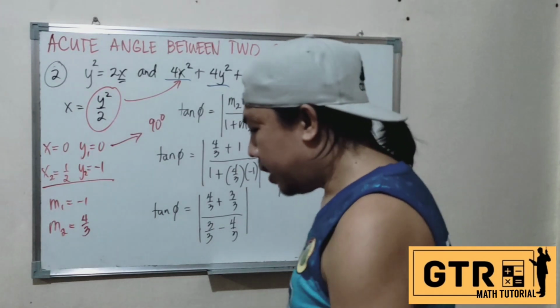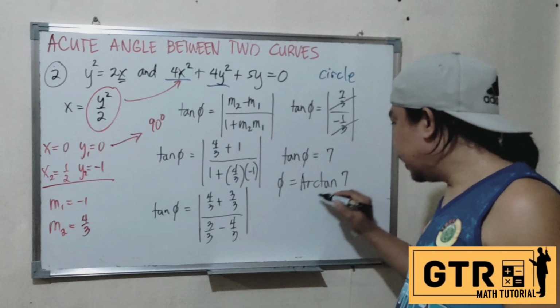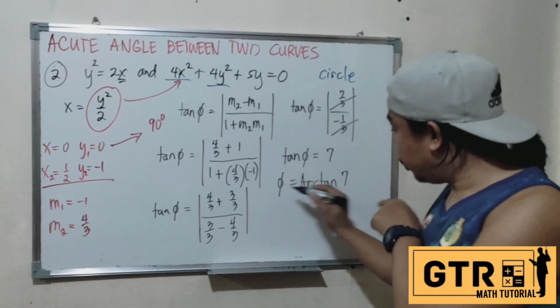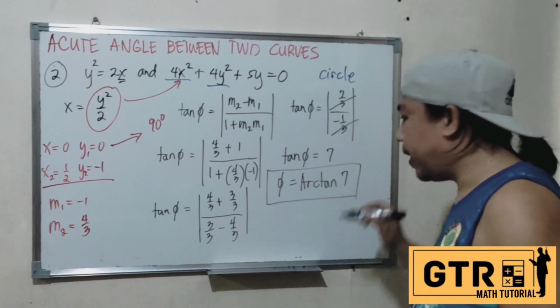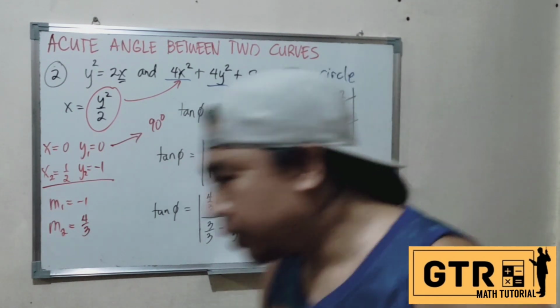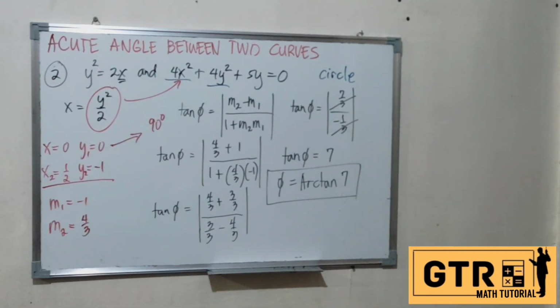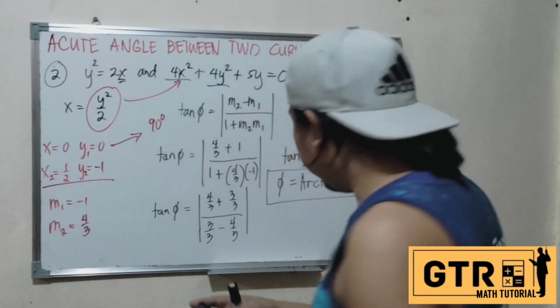So the final answer, just use your calculator to solve the value of arctan 7. Okay, let me get my calculator. The exact value, approximate lang.